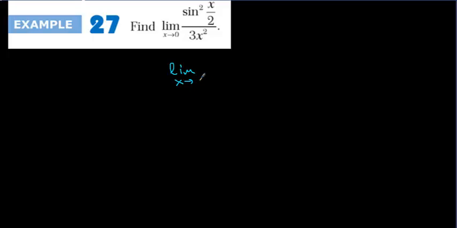Limit x tends to 0, sine square x over 2 can be written as sin x over 2 times sin x over 2. Then here we also have 3 times x. So I'm going to separate these using the limit combination theorem, like this.